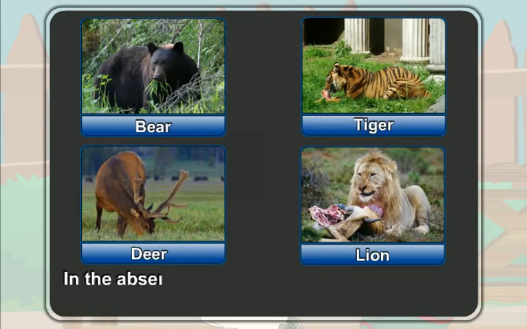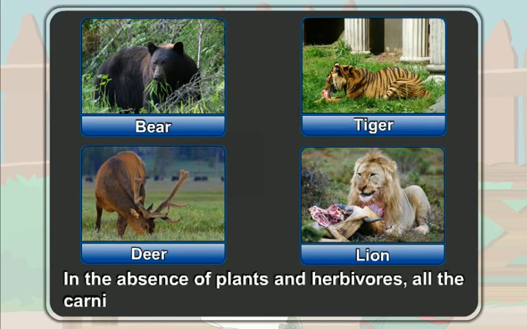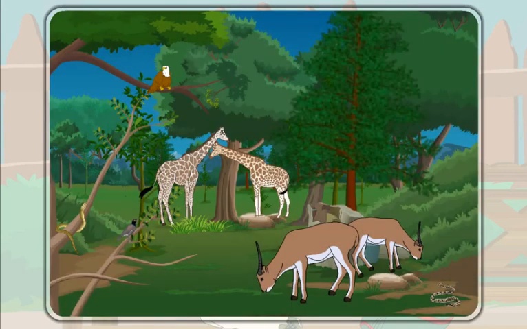In the absence of plants and herbivores, all the carnivores and omnivores would die. So, living things depend on each other as well as the environment for their survival in their habitats, don't they?